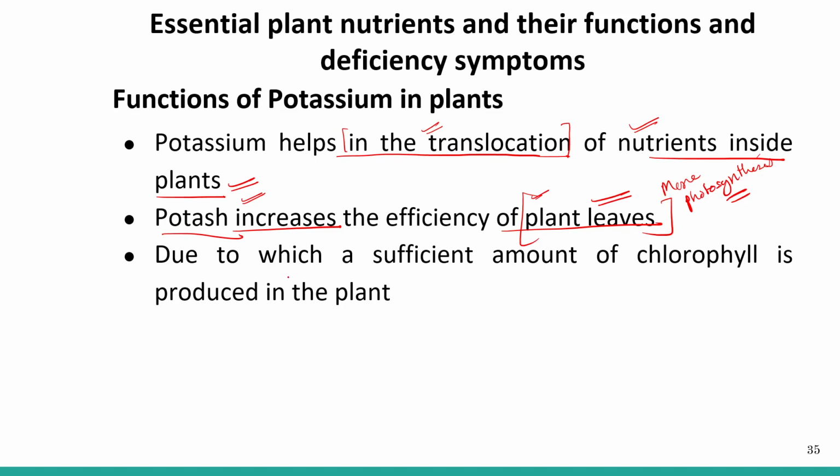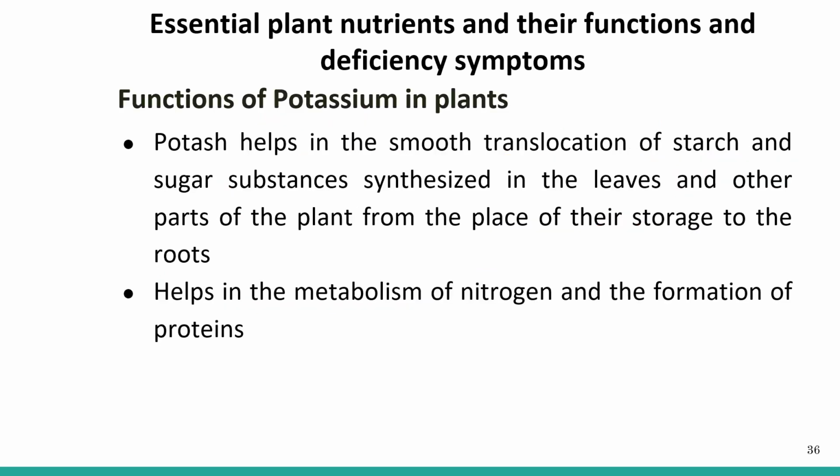Due to the use of potash, a sufficient amount of chlorophyll is produced in the plants. So this particular element is required for sufficient chlorophyll production, right?